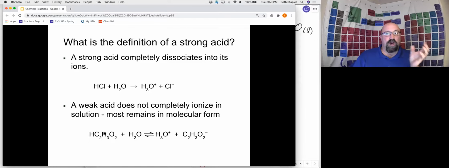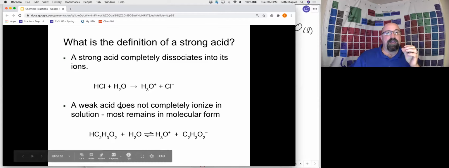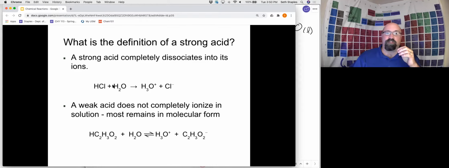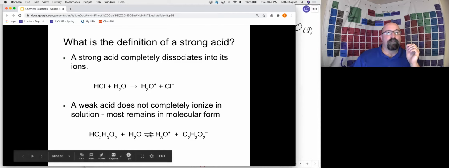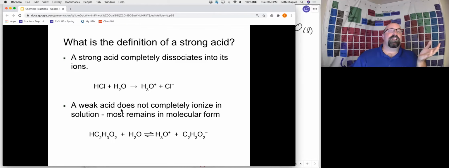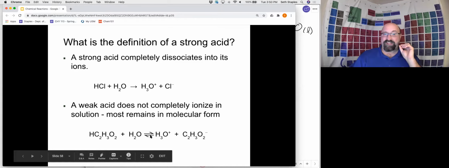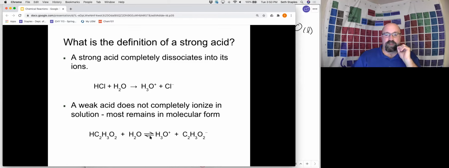It's something that will not completely dissociate. And that's why we see these different types of arrows here. A full forward reaction arrow to show that this is all going to bust apart, versus an equilibrium arrow to show that all of these are going to exist simultaneously. It's another big part of what 115 will be about for those of you that go on, looking at the details behind this equilibrium and seeing how much of what might exist in an equilibrium.